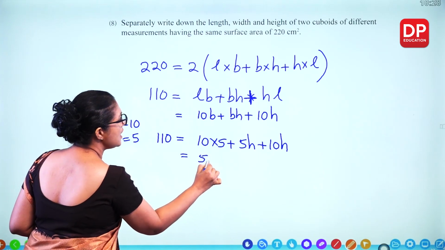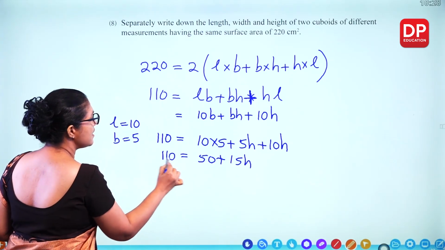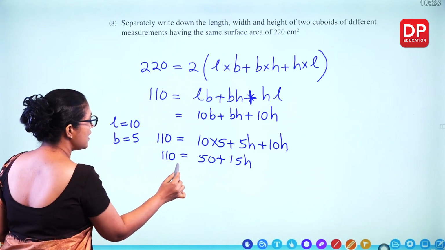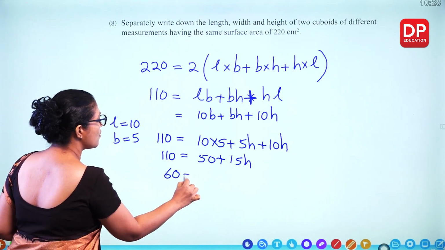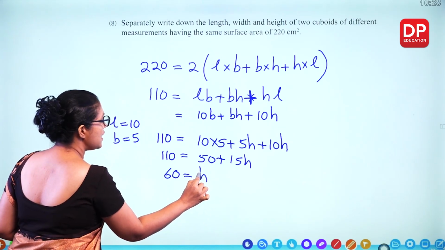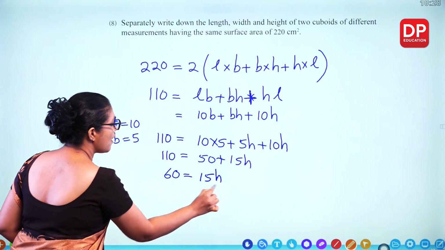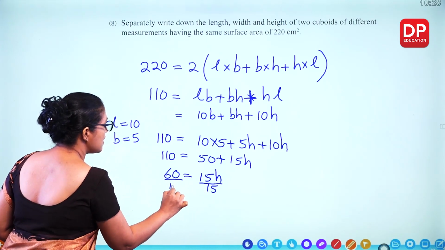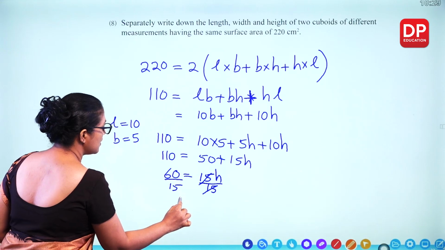This is 50 and 15H is 110. So subtract 50, you get 60 is equal to 15H. 15H divided by 15, you get H equals 4.